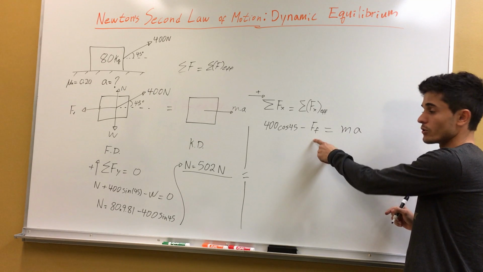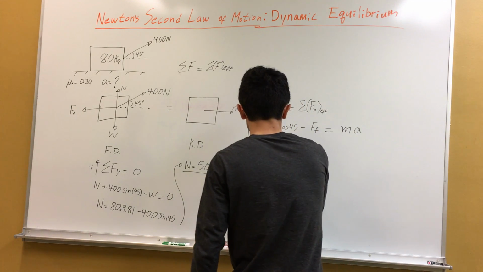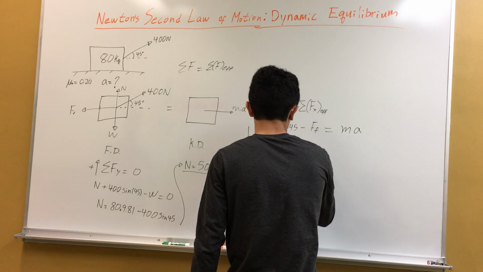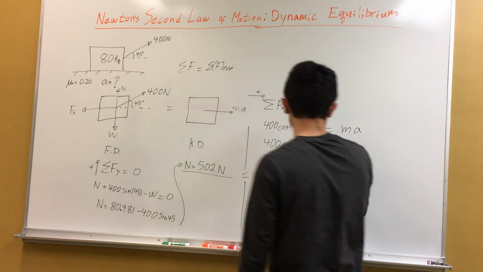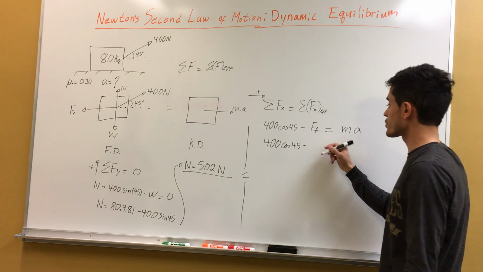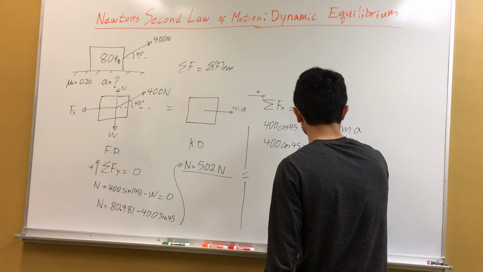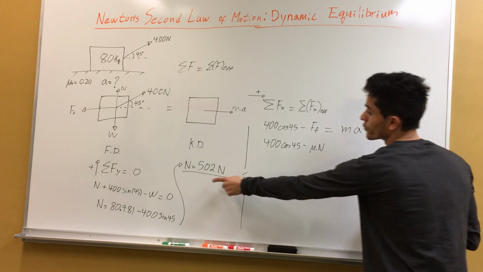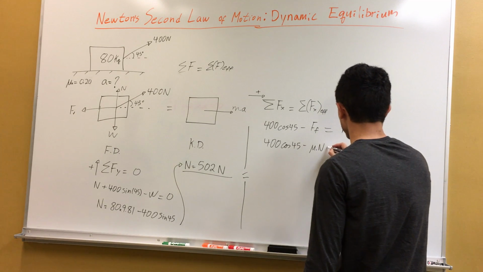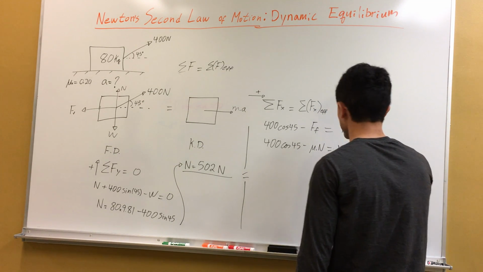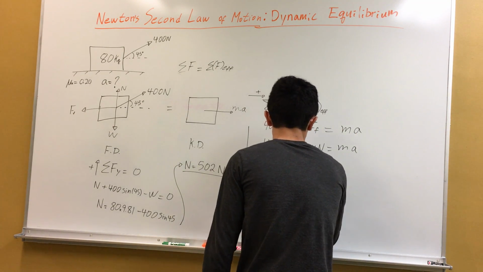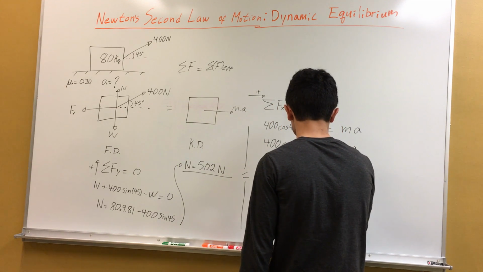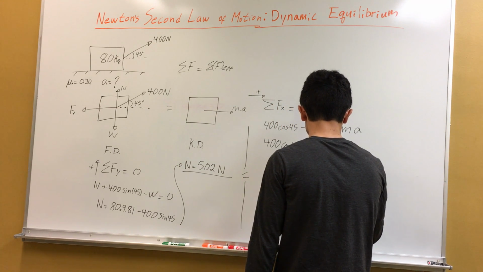For the force of friction, we can substitute the equation for force of friction. Force of friction is defined as mu times the normal force, and we found the normal force from the first step, equals ma.